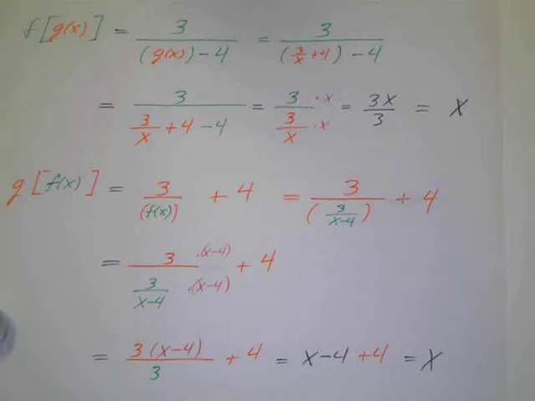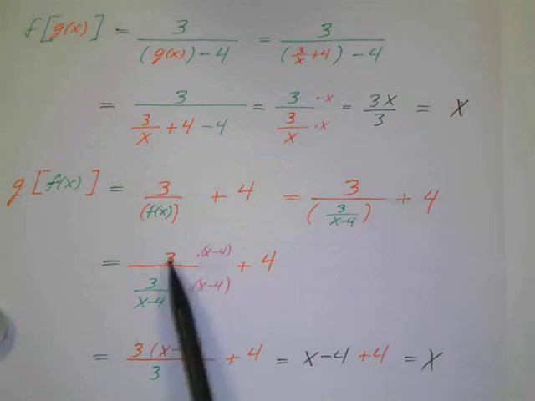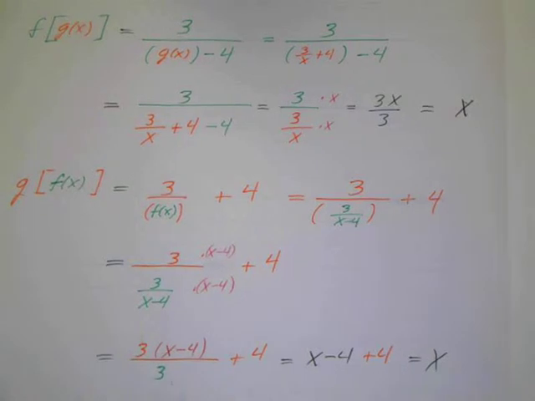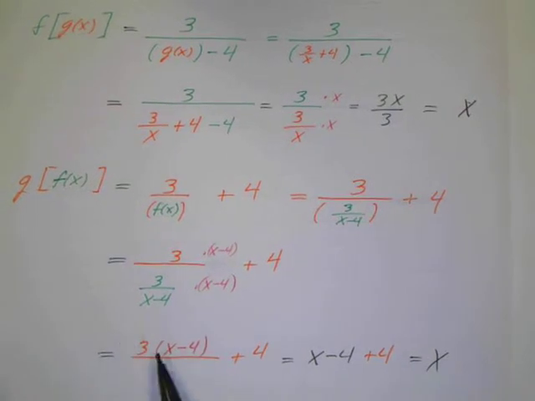Hope that looks okay. So again, 3 times x minus 4. These x minus 4's cancel, so I just have 3 on the bottom. And then plus 4. But the 3 over 3 is just 1. So now I have x minus 4 plus 4. But negative 4 plus 4 is 0, so I just have x plus 0, or x.